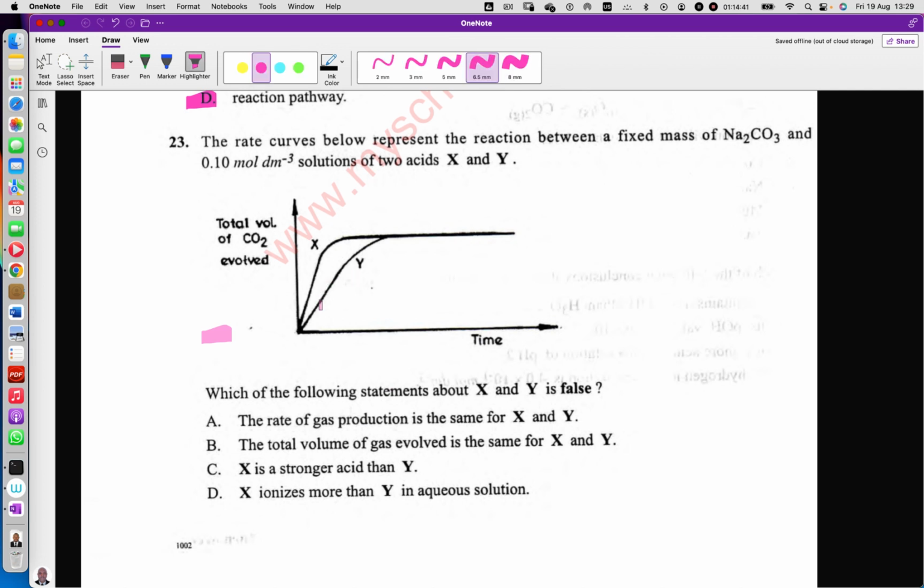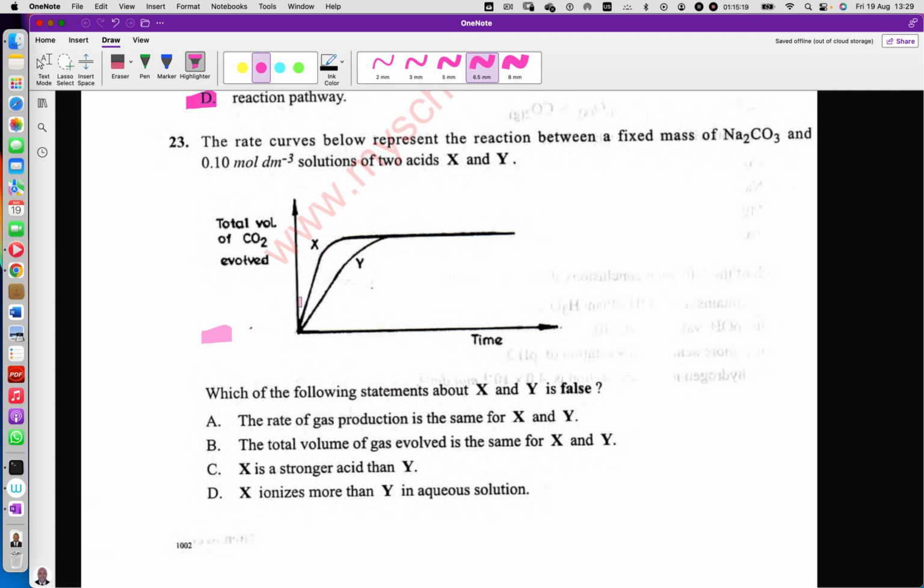Now, trying to interpret our reaction curve, you will see that Y is slow. The reaction rate of Y is slower compared to the reaction rate of X. In other words, X is faster. From the curve, you will see that the curve of X is steep.